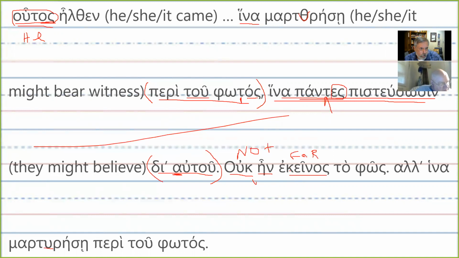No, ekeinos is going to be far. Remember, the ek is always going to be far. Always far. Ekeinos is far, so it's either going to be that or those. So you had that correct. You said that. So not was that the light.